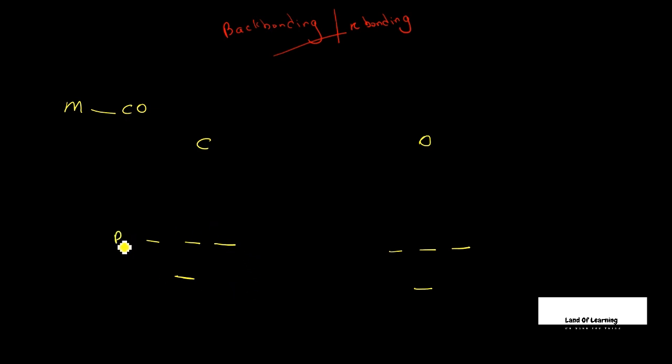If this is the p, carbon has a little bit higher energy than the oxygen. Why? Because oxygen holds its electrons much more tightly because of the high proton count. So that's why oxygen is a little bit lower, or much more stabilized than the carbon, when it becomes the molecular orbital. So let's put some electrons here.